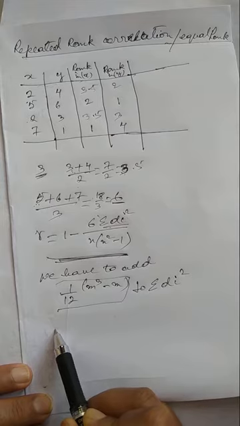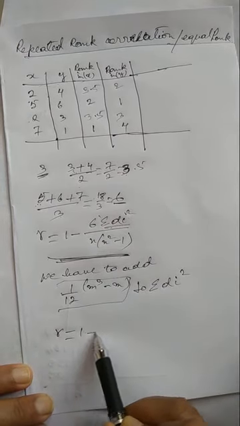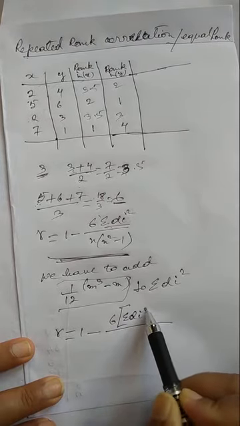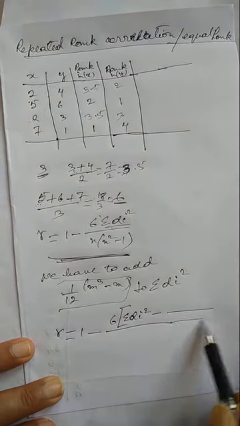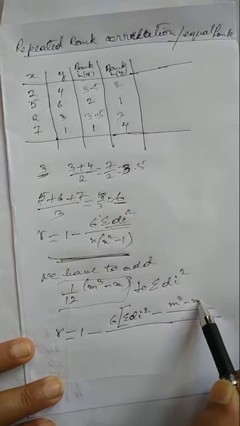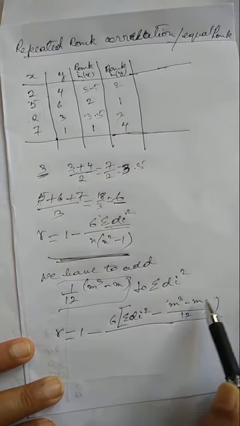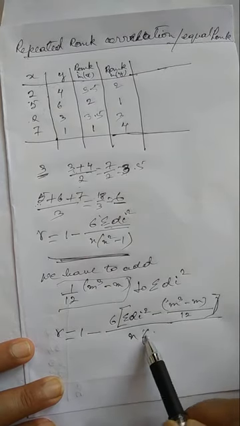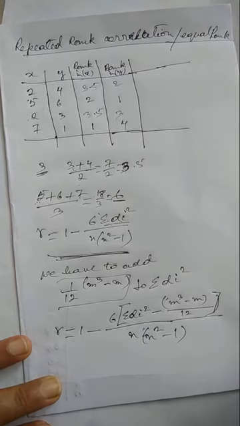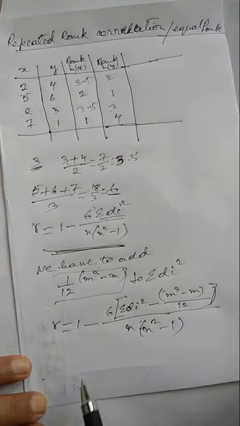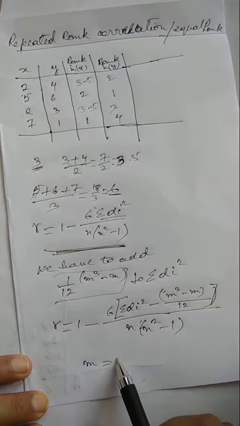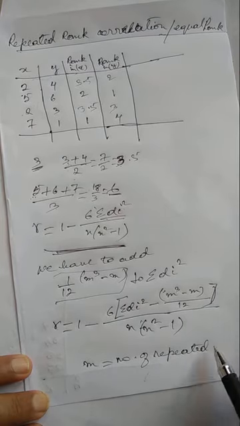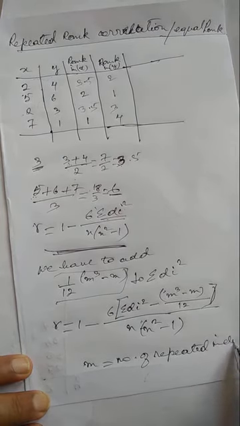Then our formula becomes 1 minus 6 times summation di square plus m cubed minus m by 12, divided by n square minus 1. So what is this m? M is the number of repeated individuals or observations.